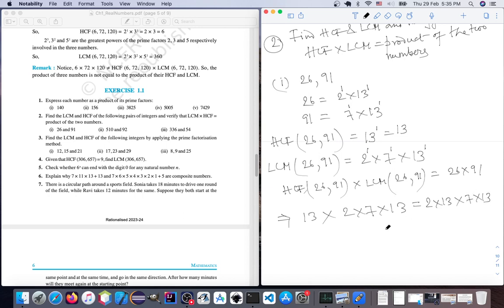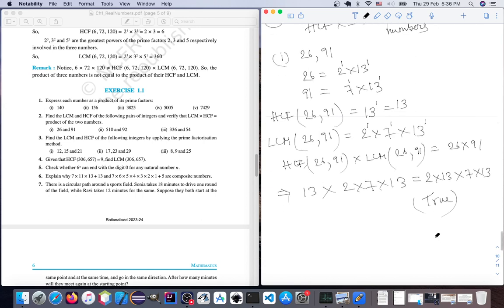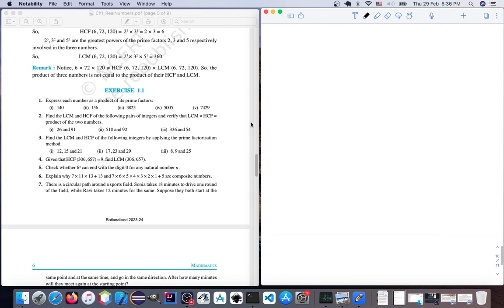Is this true? The left hand side is equal to the right hand side, 13 into 2 into 7 into 13. Yes, this is true. We have verified that the product of HCF and LCM of 26 and 91 equals the product of 26 and 91.